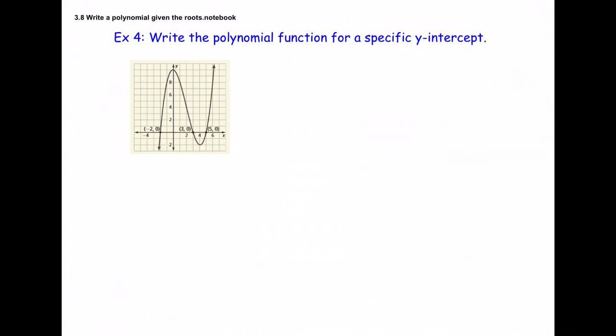Example number 4, write the polynomial function for a specific y-intercept. So the first thing that we need to take a look at is that we have zeros at negative 2, 3, and 5. So if we write x equals negative 2, x equals 3, and x equals 5, we have the factors x plus 2, x minus 3, and x minus 5.